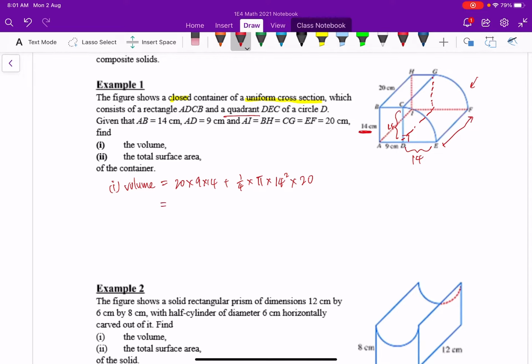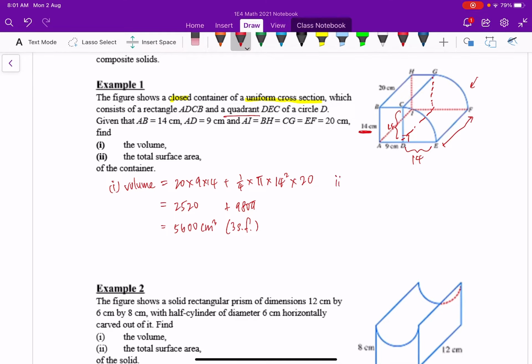What I get here is 2520 plus 980 pi. Did the question ask us to leave our answer in pi? No, right? So we need to calculate it, and round it off to 3SF. We get 5600 cm cube, 3SF.